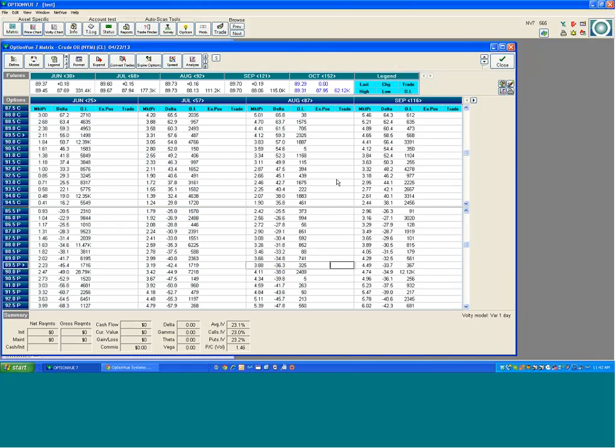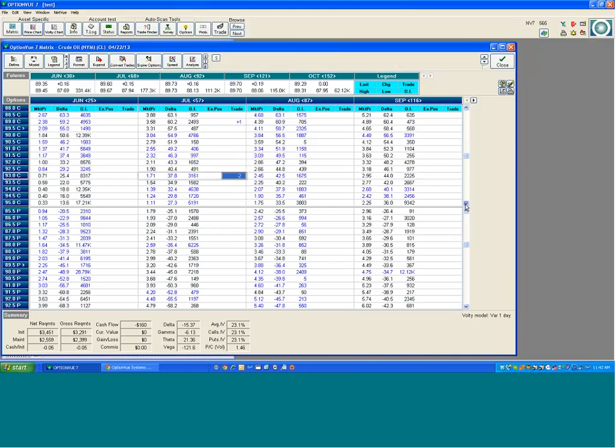butterfly where the target that we're looking for is above the market. So if the market is at 89 and we are expecting the market to move higher, why not sell the 93 call? Why not purchase the 89 call? I should say purchase the 89 call, sell 2 of the 93s, because that's where we think the market's headed.